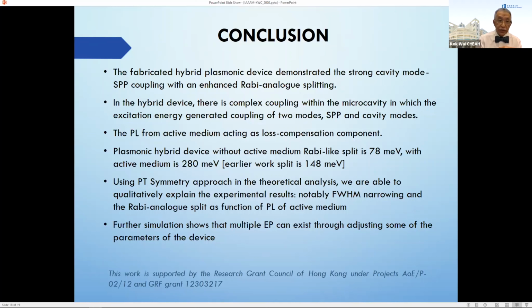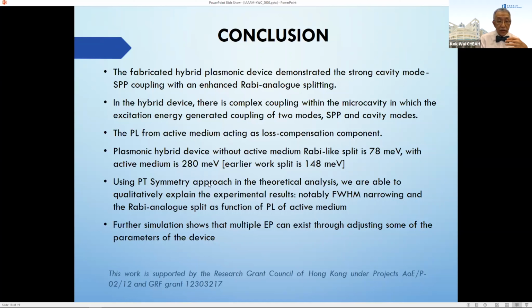Then we introduced an active medium into the dielectric, acting as a loss compensation component. In so doing, we have an enhancement of the Rabi-analogue splitting from 78 meV to 280 meV, as compared to the earlier work, which had a reasonably large split of 148 meV, that we can even improve upon to 280 meV.